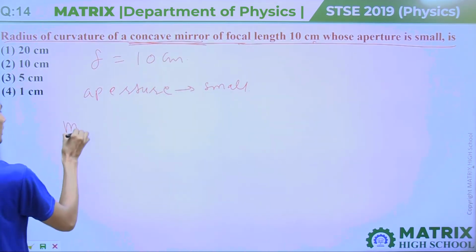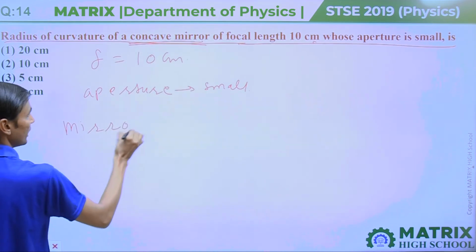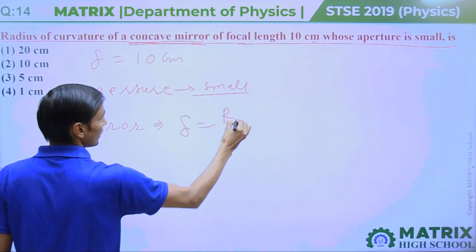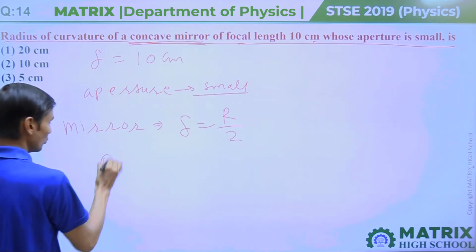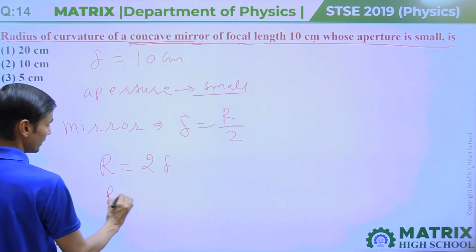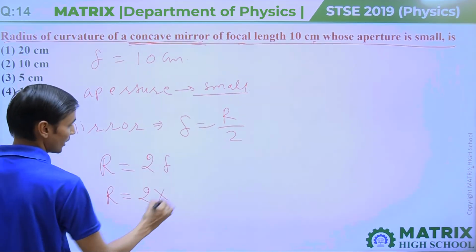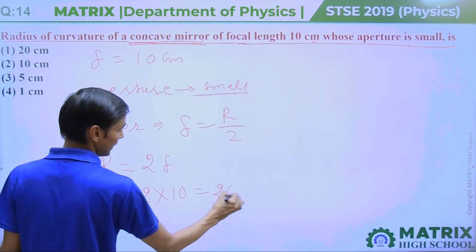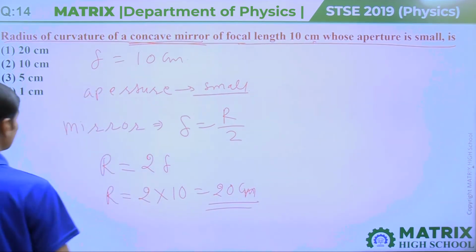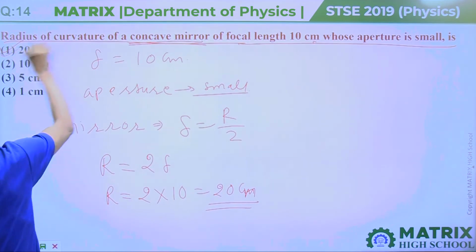And for mirror we know that for small aperture focal length equal to radius of curvature divided by 2. So R equal to twice of F. That means radius of curvature R into 10, that means 20 centimeter. Radius of curvature will come 20 centimeter. So answer will be your option first.